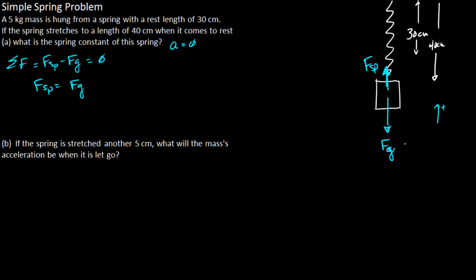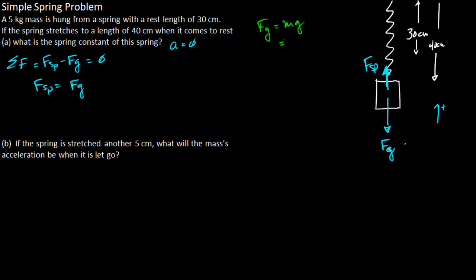Now this problem asks us for the spring constant of the spring, so we have to use a couple more equations that relate the gravitational force to the mass and the spring force to the spring constant and how it stretches. So if you remember from class, our formula for gravitational force, if we use the local version, is gravitational force equals m times g.